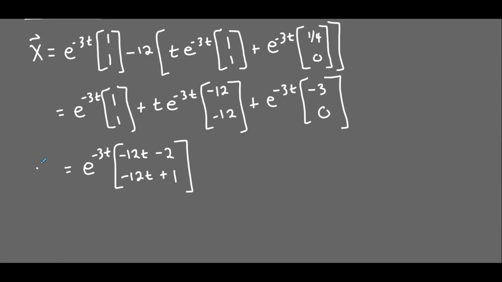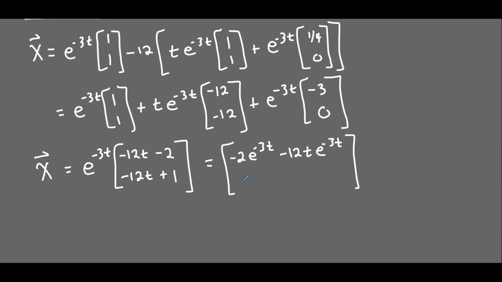So you could go further, right? You could multiply the e to the negative 3t inside. So you'd get negative 2 e to the negative 3t minus 12t e to the negative 3t. So that kind of looks like a solution that we would have gotten when we were just solving differential equations and not systems, right? So that would be the solution to the first equation in my system, or the first function in my system.